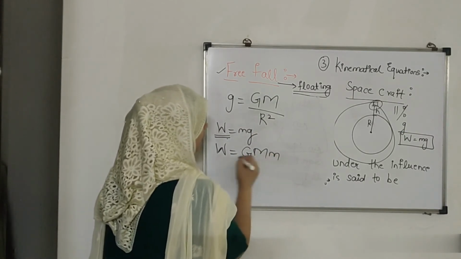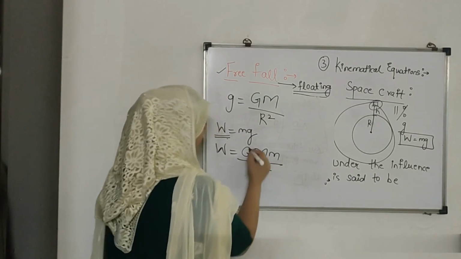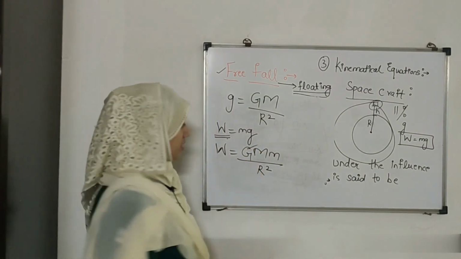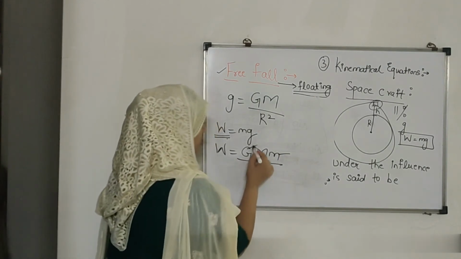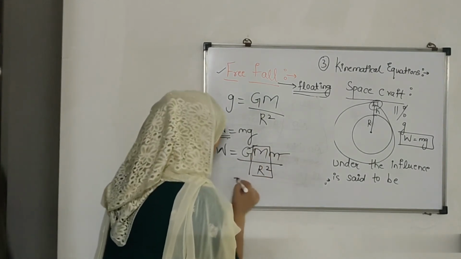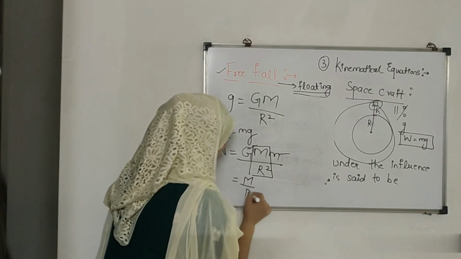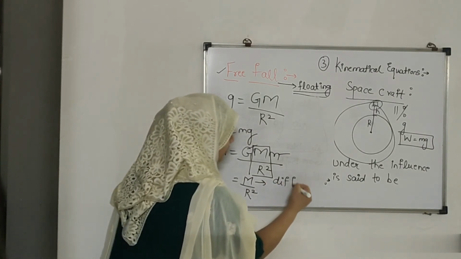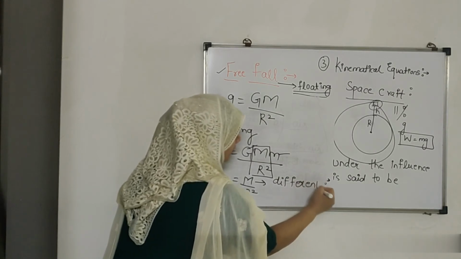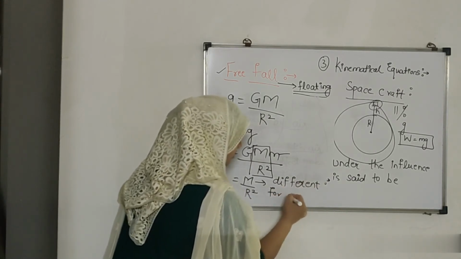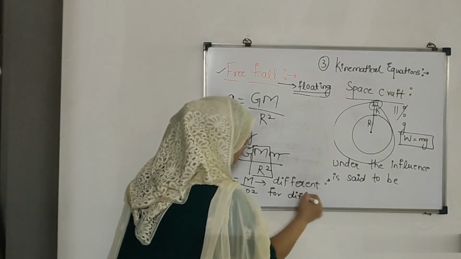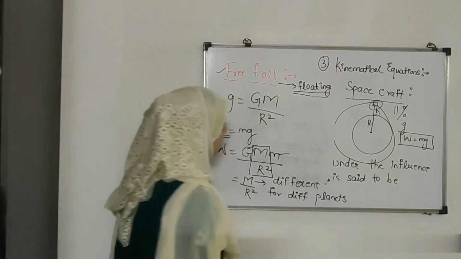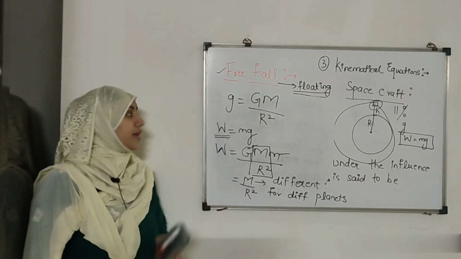G capital M small m upon r square. Okay, the universal gravitational constant is constant and this mass is constant. But this ratio M upon r square is different for different planets, right? You agree? Different for different planets, right? Mass is different for different planets. That's why the weight of an object is different for different planets, okay?